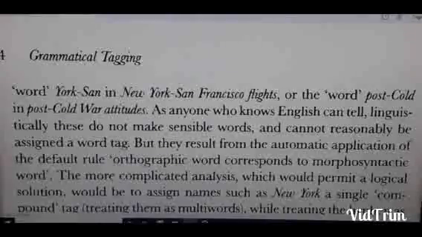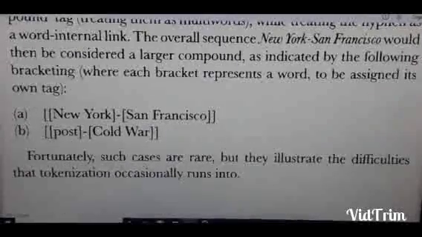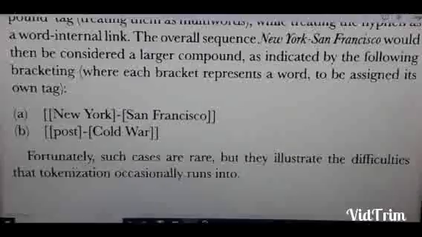The more complicated analysis, which would permit a logical solution, would be to assign names such as New York a single compound tag, treating them as multi-words, while treating the hyphen as word-internal. The overall sequence New York-San Francisco would then be considered a larger compound, as indicated by the following bracketing, where each bracket represents a word to be assigned its own tag.